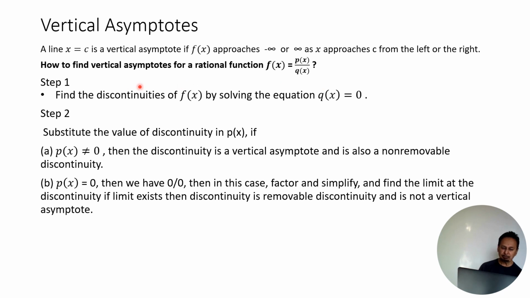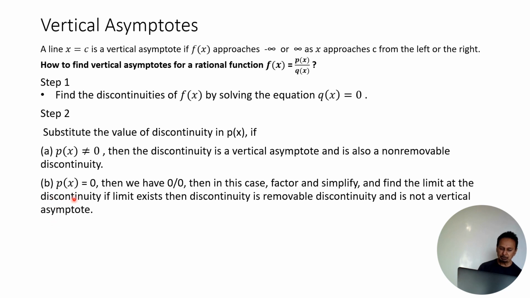How do you find the vertical asymptote for a rational function in calculus? The first step is to set the denominator q of x equal to 0 to find the discontinuities. Once you find the discontinuities, substitute each x value in the numerator p of x. If p of x is not equal to 0, then the discontinuity is a vertical asymptote and is also a non-removable discontinuity.